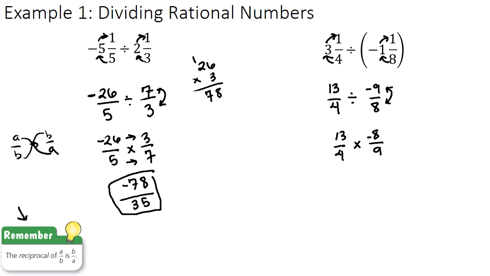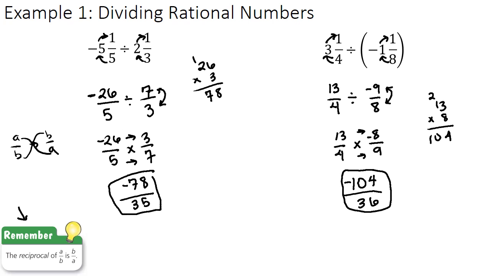And we are going to then multiply straight across, so I can see 13 times 8 is going to be 104, and that's going to be negative 104 all over 36. Now this is my answer, but I need to simplify it as far as possible, so I'm going to divide both top and bottom by 2.